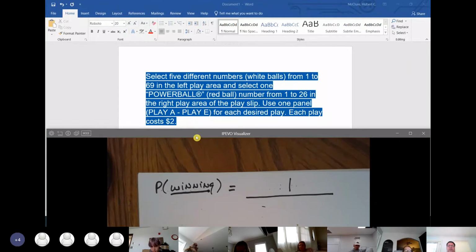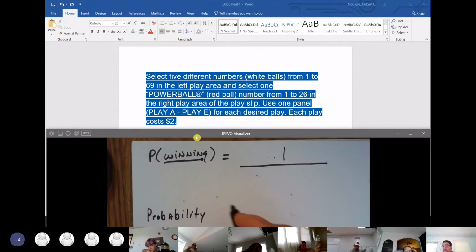What is the probability of winning? If it just asked for the probability, then they're just wanting the denominator, which is just one number.